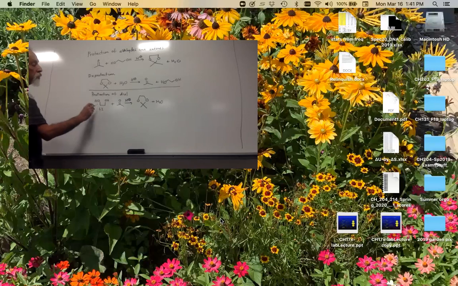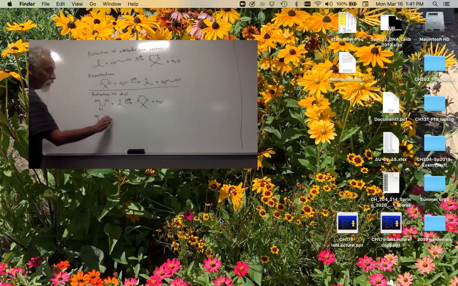We could also try with something that is a little bit more exotic. Say if we tried a 1,3-diol, maybe something like that, right? This is a 1,3-diol that we wanted to protect.